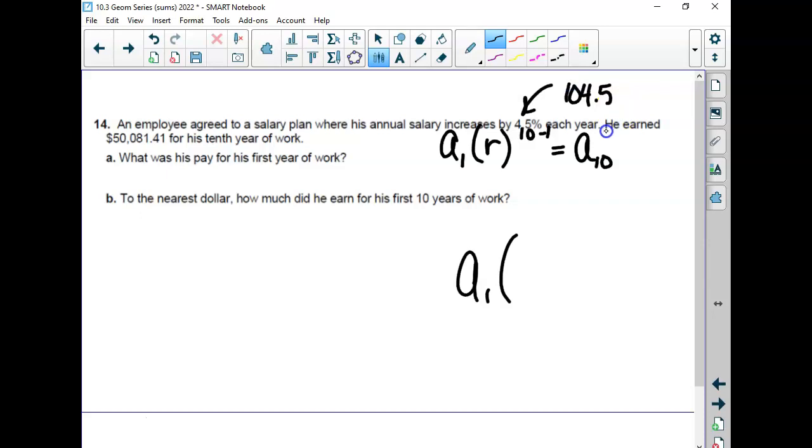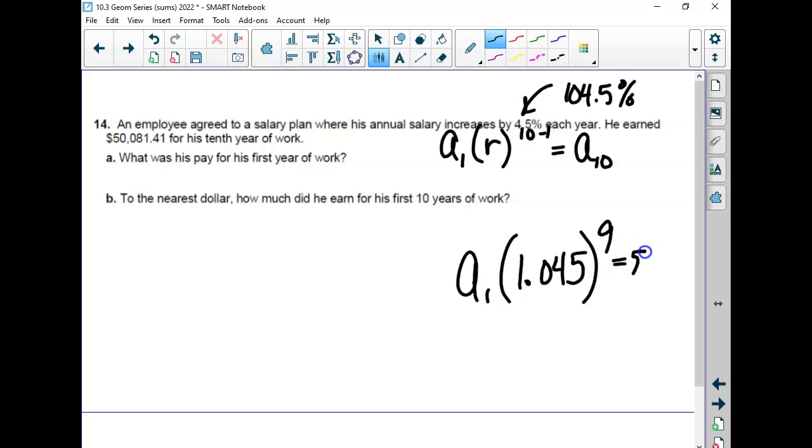104.5. Does everybody understand? If you multiplied by 0.045, his salary would go shrinking down a lot, right? You want it to keep everything plus 4.5%. That's why it's 104.5. So you move it over twice to get rid of this percent symbol, and you get 1.045. To the 10 minus 1 is 9 raises.